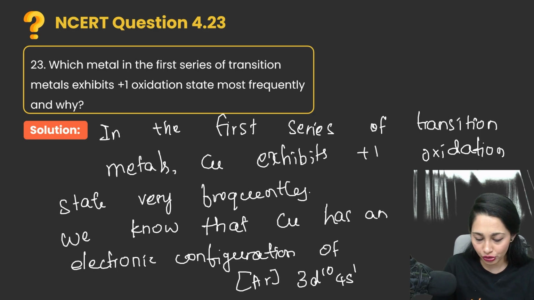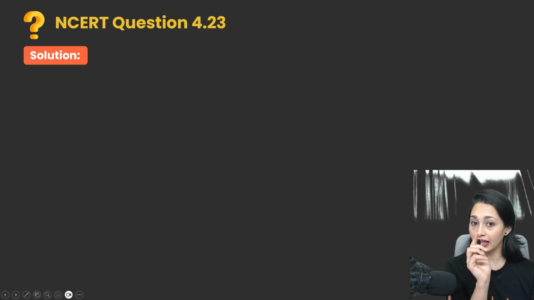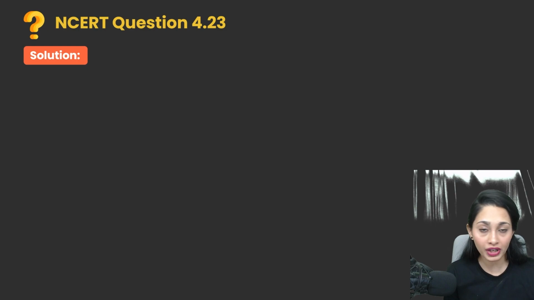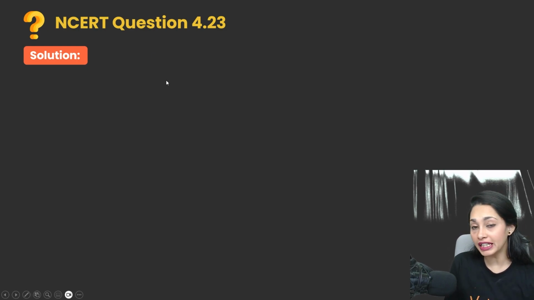So what is it going to do? It is going to lose its one electron from the 4s orbital and attain a completely filled d orbital.